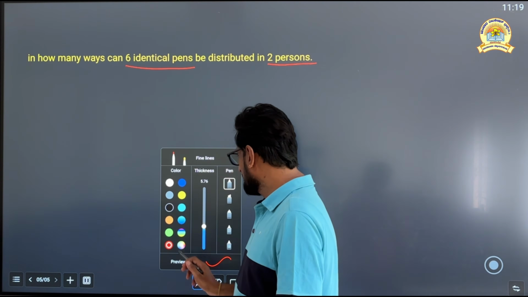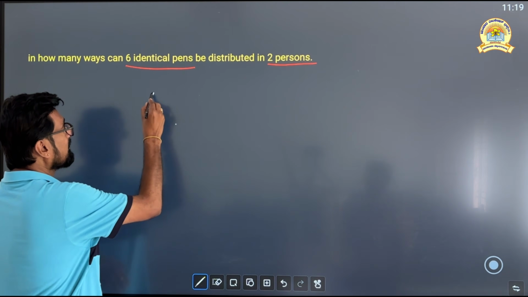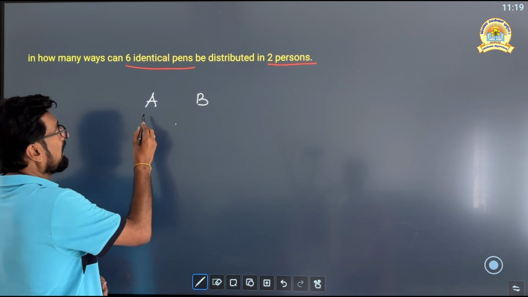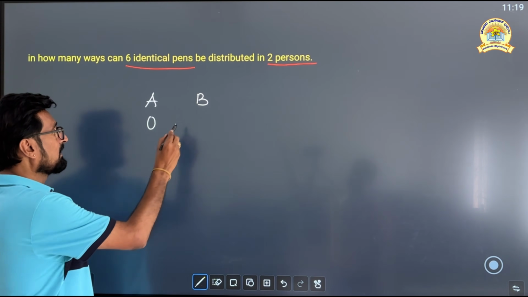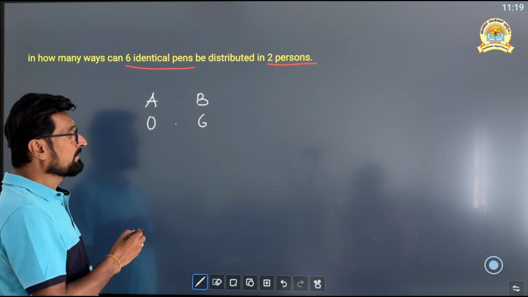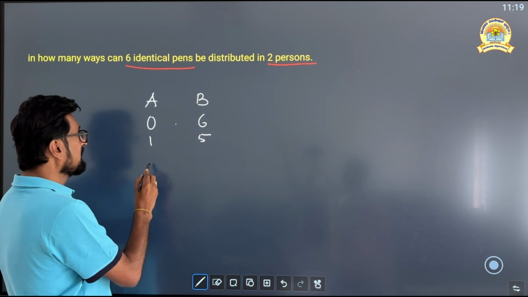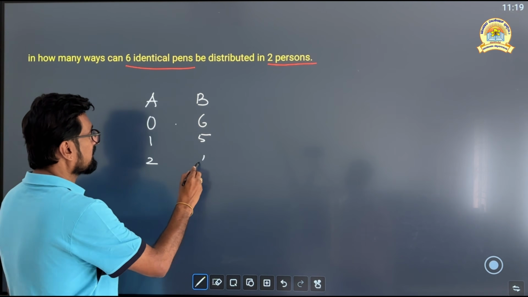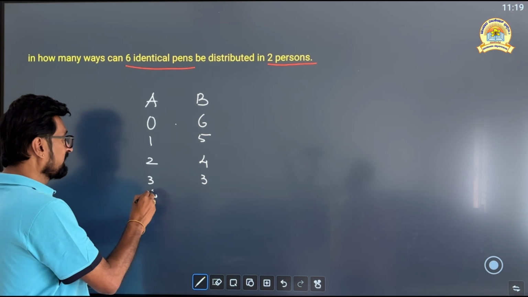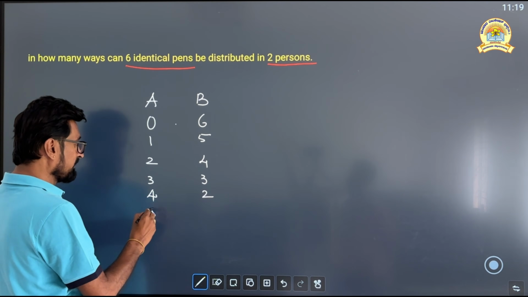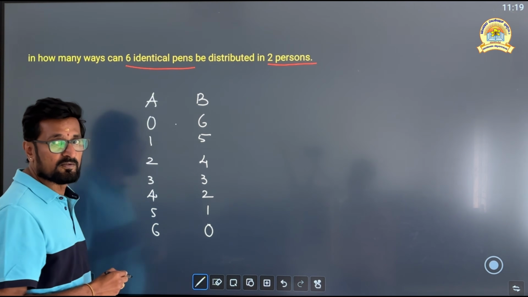I am going to consider the two persons as A, B. I can give 0 pens to A and 6 pens to B. 1 pen to A and 5 pens to B. Similarly, 2 pens and 4 pens, 3 pens to each, then 4 pens and 2 pens, 5 pens and 1, and 6 pens to A and 0 pens to B.